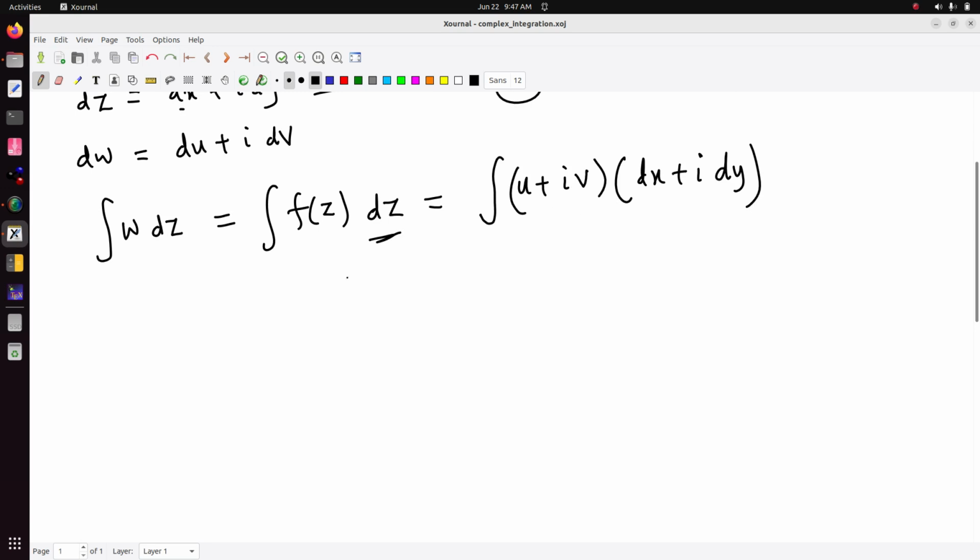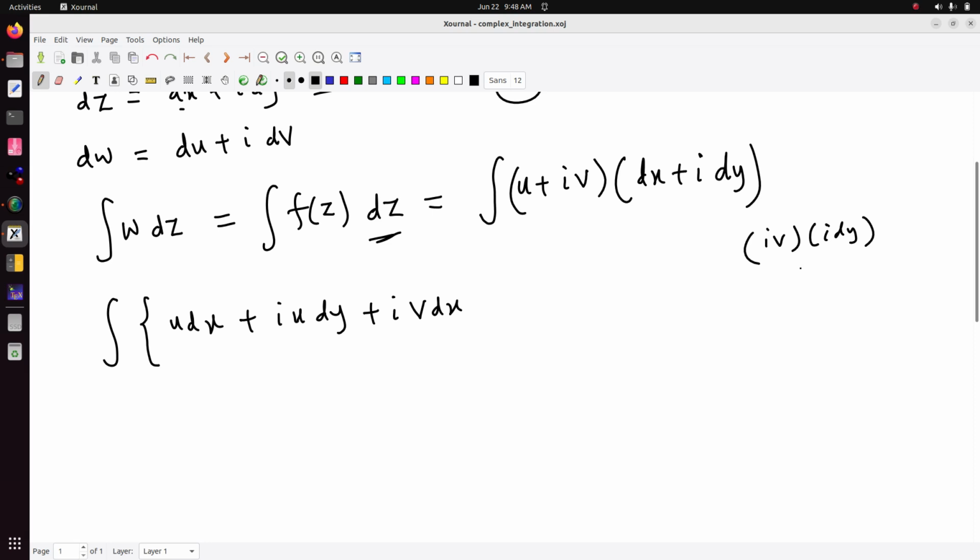Now if you expand this bracket, so here you have the integral of u dx, then u times i dy, that is plus i u dy, plus iv times dx, so plus iv dx, then plus iv times i dy. So iv multiplied by i dy, i times i, that is i squared, which is minus 1, then v dy.